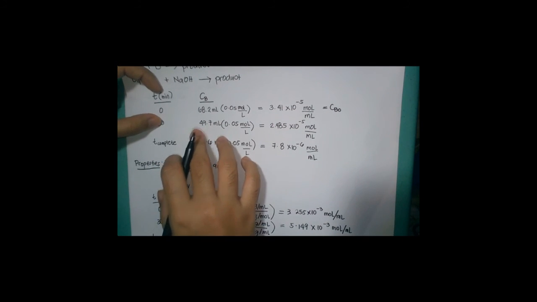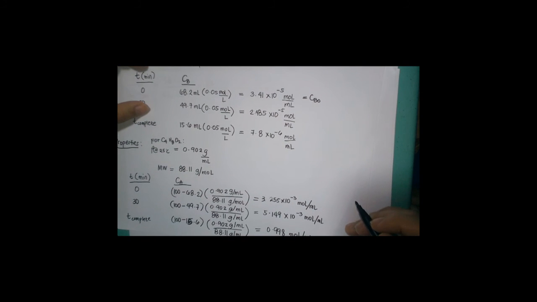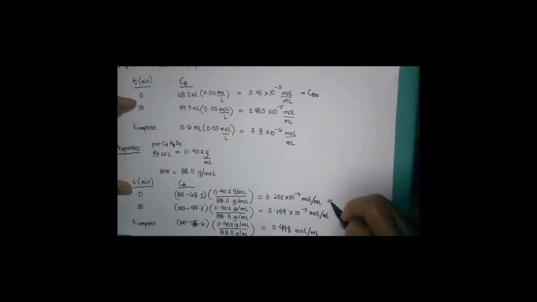And we have the data from a while ago, at T0 and at T30. We have the CB and the CBO, at T0 and at T30, we have CA and the CAO. So we're going to use it now.